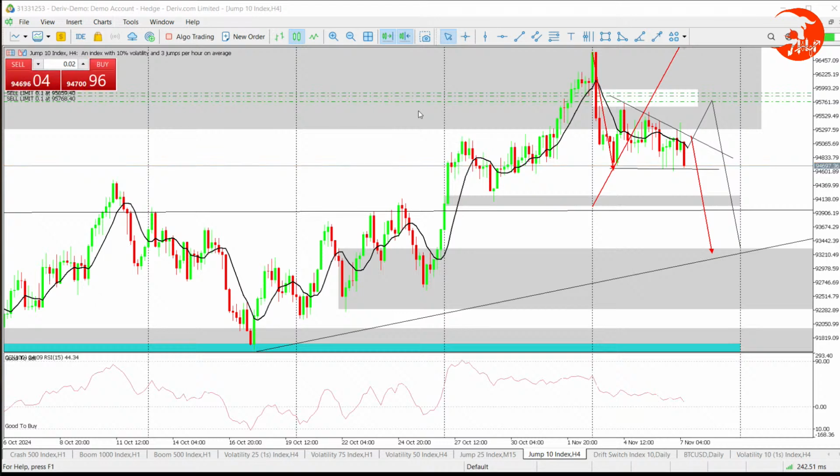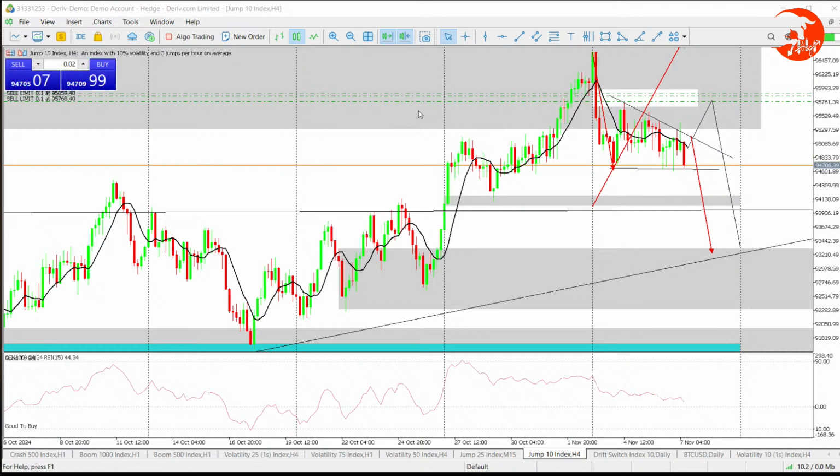But that's how basically you can manipulate the lot size and get to use the exact lot size you want to use on whichever asset that you want. You can trade any asset with 0.01, even if they are telling you the smallest lot size of Volatility 50 is 4.